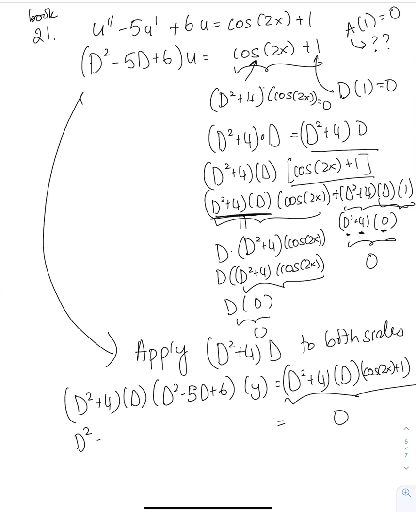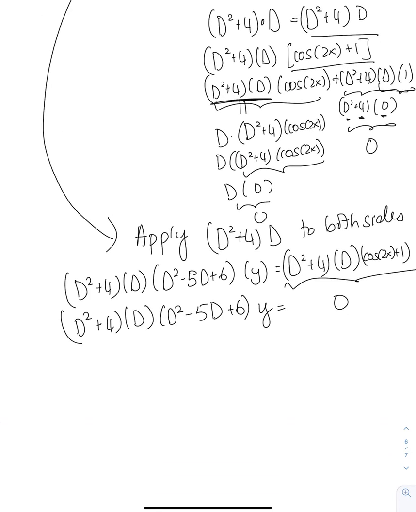So what we're left with is a constant coefficient linear differential equation to solve. When you multiply this out, or start applying the D's to the function y, apply D squared minus 5D plus 6 to y, then differentiate that, and then apply D squared plus 4 to that, you're going to get a whole string of derivatives of y with constants in front.